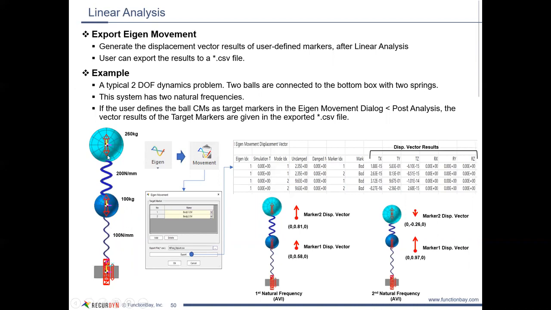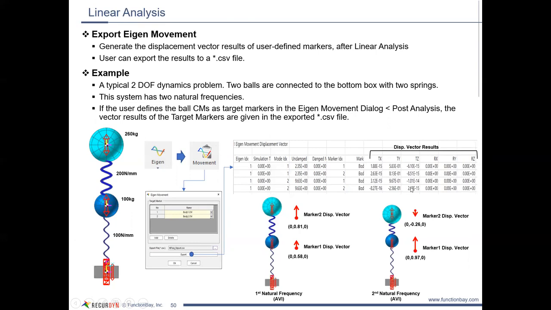And so when you go to look at the eigen solution for this system with RecurDyn Linear, this is 2 degrees of freedom, so therefore there's 2 natural frequencies. So with this export capability, it will export information on those 2 natural frequencies, and basically show the translation and rotations that are occurring.